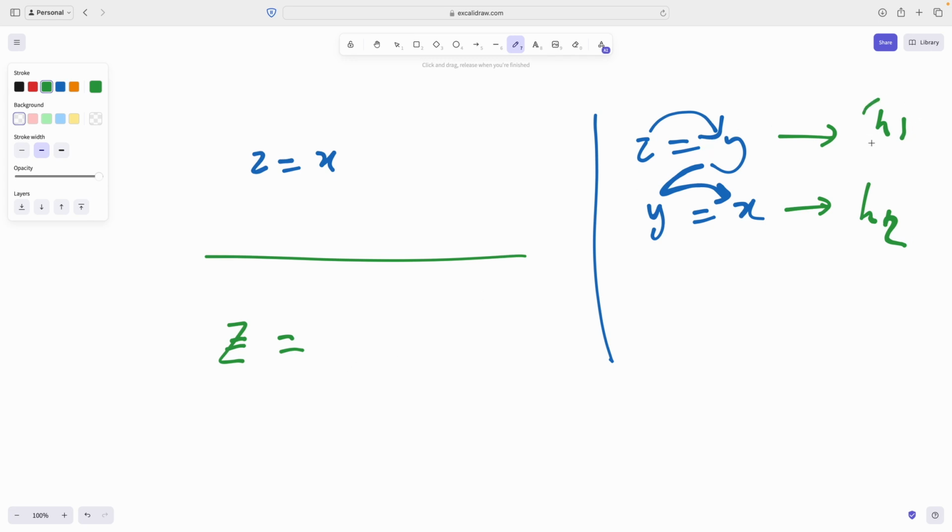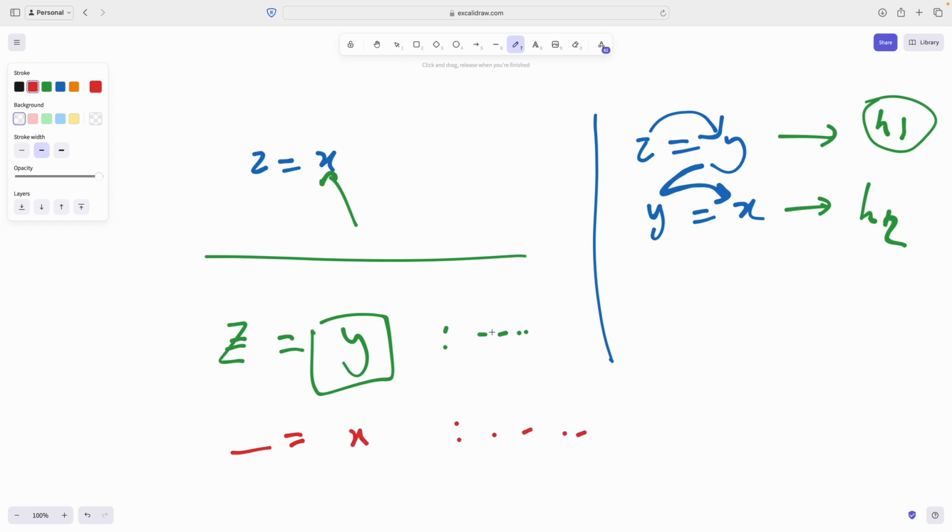Well, the first hypothesis tells us that it equals y, so we'd probably justify it with the first hypothesis. I won't write the code because that's your task. And then we say, okay, we've expressed z in terms of y. Now we're aiming for x here, so is there a way we can express y in terms of x? And that might use the second hypothesis. I've almost given you the solution, haven't I? I haven't given you the justifications, so if you do it, that's good practice. So not too difficult, but good practice.